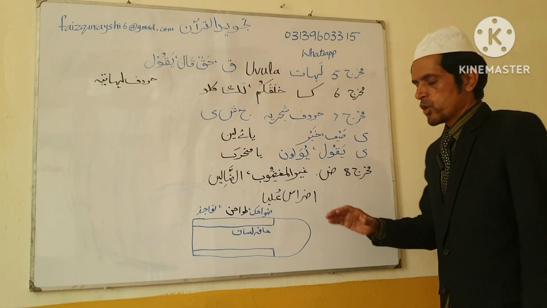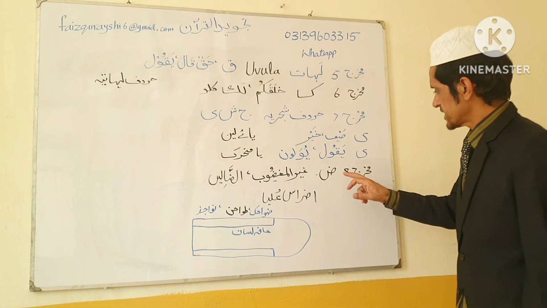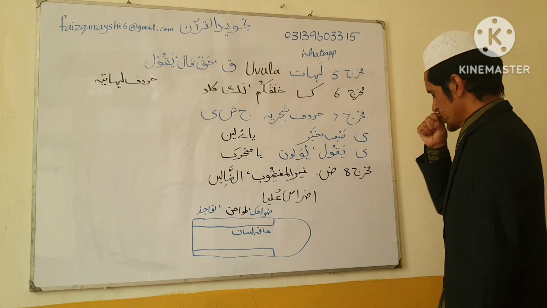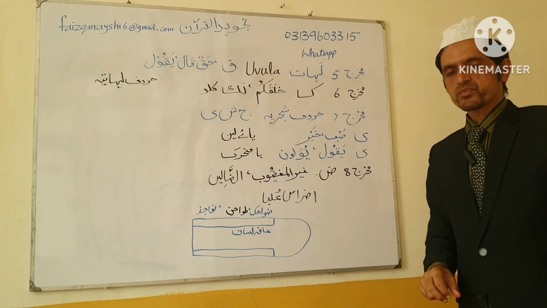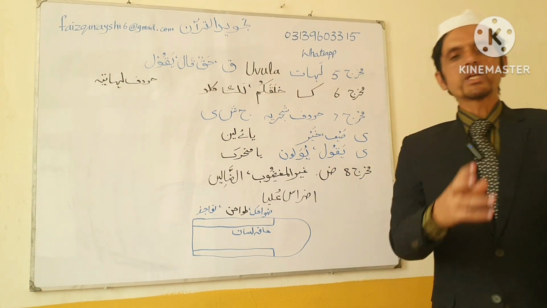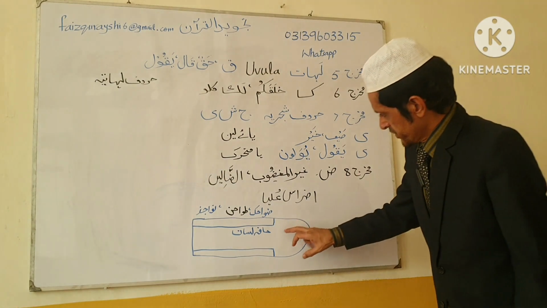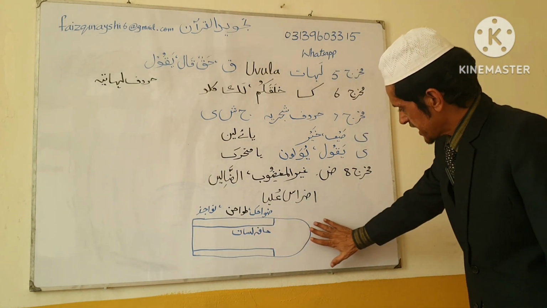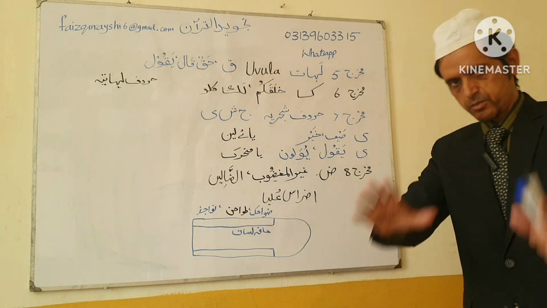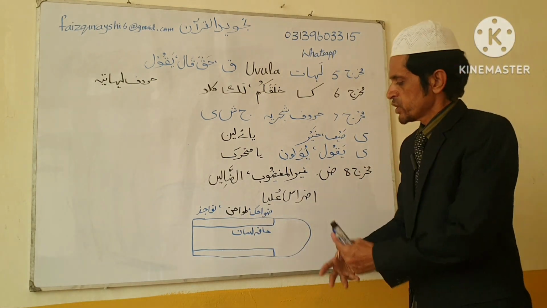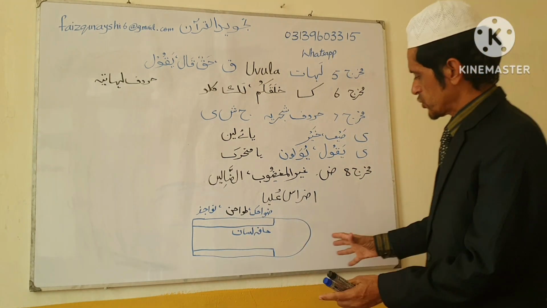Now you see, when we articulate the letter Dad, how will we articulate? Now I have made this diagram of the tongue. For example, this is your tongue. This is a little bit longer, but to make you understand, this was important.